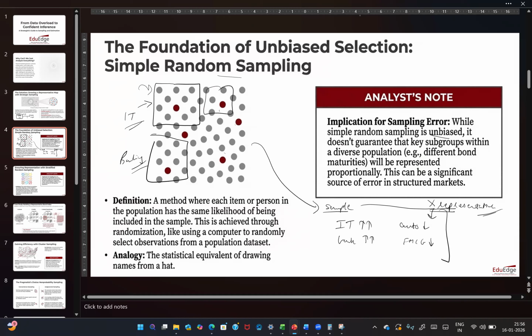So subgroups might not be representative. For instance, there is no red dot if this is the subgroup. Similarly, if this is another subgroup, there is no red dot here. So it's possible that in random sampling, some of the subgroups are not given any representation. So that will result in a significant source of error. Okay, so that's the drawback of simple random sampling.